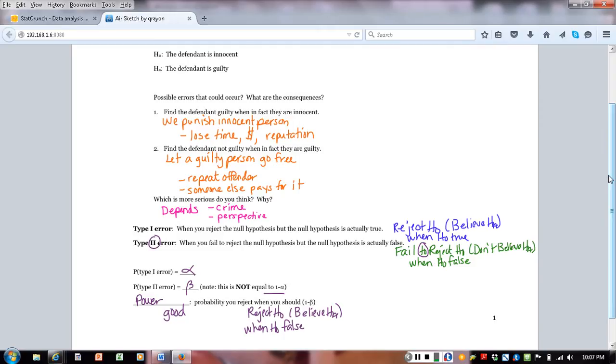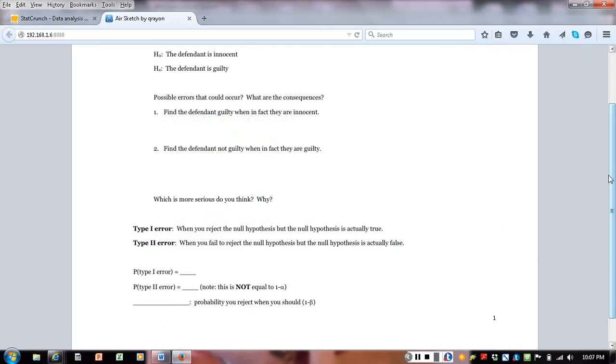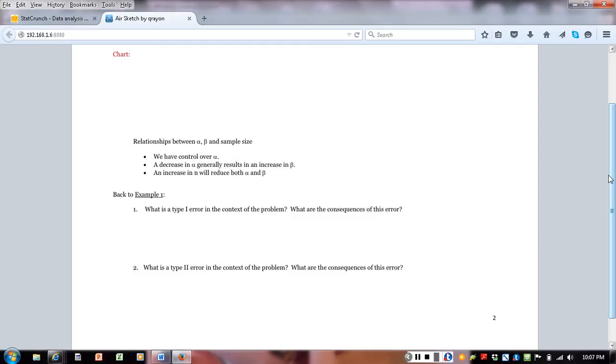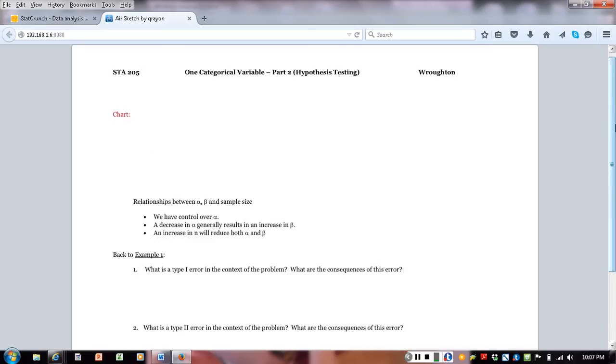Alright, so how do these things summarize? We're going to draw a little chart here to summarize what's going on. What we have first is the truth. Either the null really is true or the null really is false. Or in a sense, our defendant actually either is guilty or is not guilty. They have to fall into one of those areas.